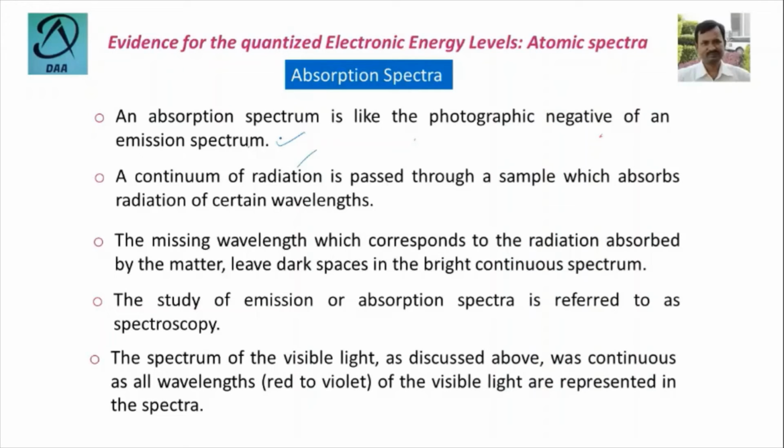Whatever I discussed, a continuum of radiation is passed through a sample which absorbs radiation of certain wavelengths. That is what happens in figure B. The missing wavelengths, which correspond to the radiation absorbed by the matter, leave dark spaces in the bright continuous spectrum.